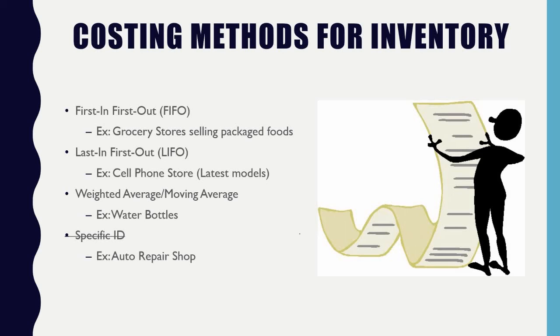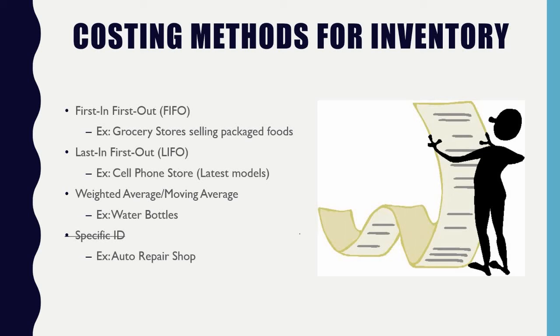So FIFO stands for first in, first out. This is very typical of grocery stores because they have perishable goods, something that has some kind of expiration date. For example, milk.